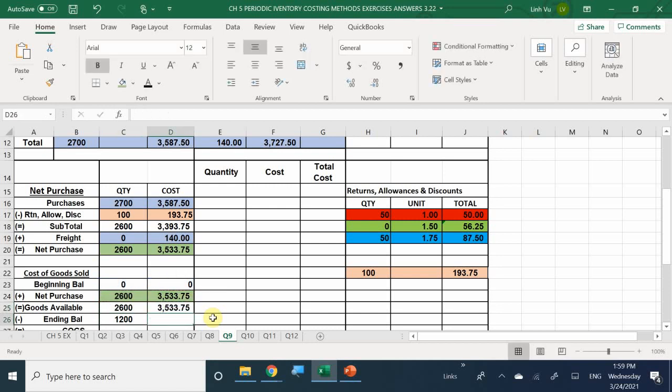All right, and I'm just going to get the same exact numbers. This is just because I'm adding my beginning inventory as well. And in this context, I don't have beginning inventory, so that's why my net purchases is going to equal my goods available, because I don't have any beginning balances. Okay, so we're good there.